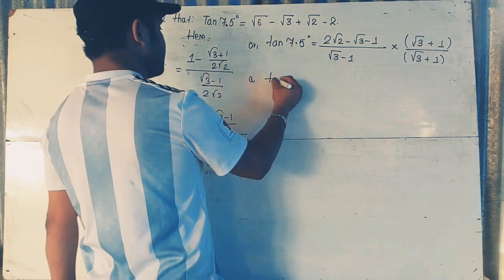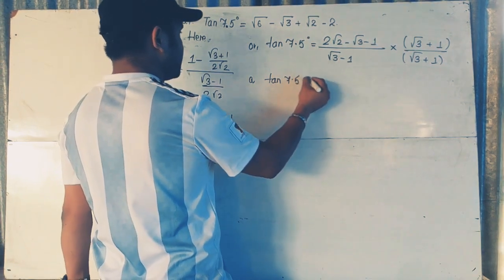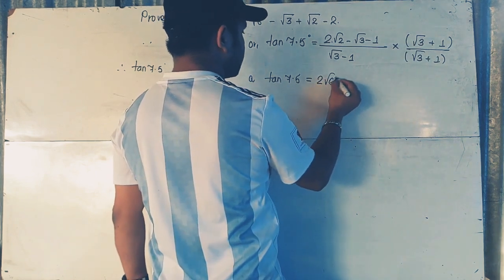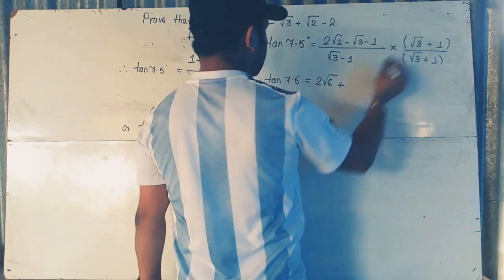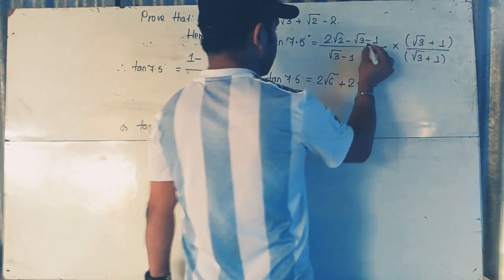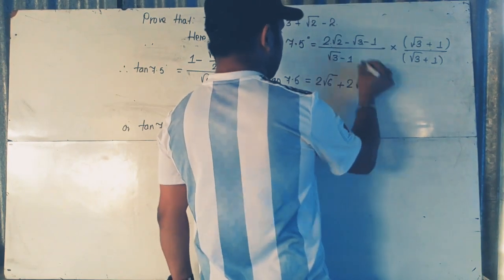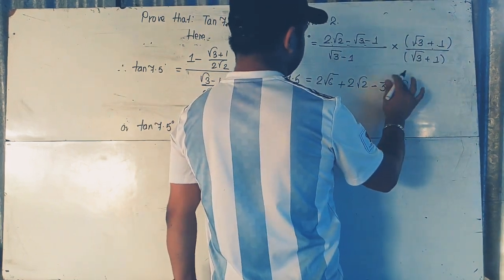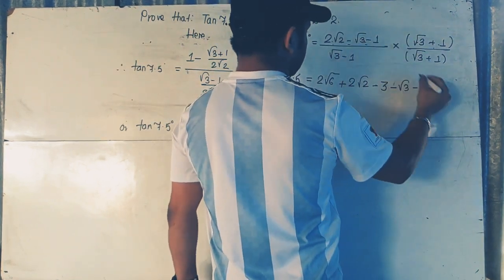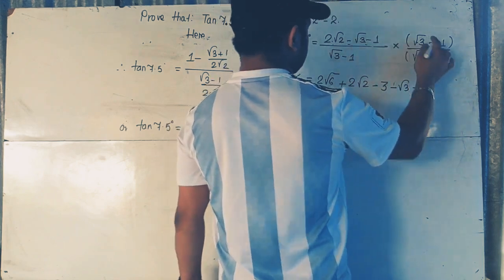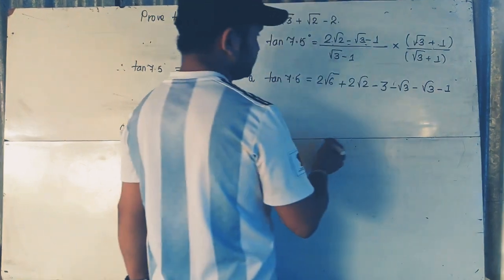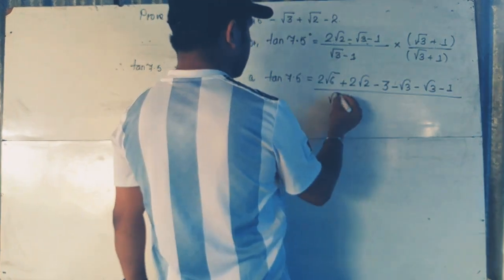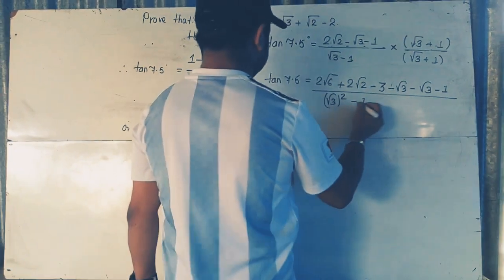So tan 7.5 degree gives you, let us multiply: 2 root 2 into root 3 gives you 2 root under 6, plus 2 root 2 into 1 gives you 2 root 2, minus root 3 into root 3 gives you minus 3, minus root 3 into 1 gives you minus root 3, minus 1 into root 3 gives you minus root 3, and minus 1 into plus 1 gives you minus 1, divided by root 3 minus 1 into root 3 plus 1, which gives you root 3 whole square minus 1.